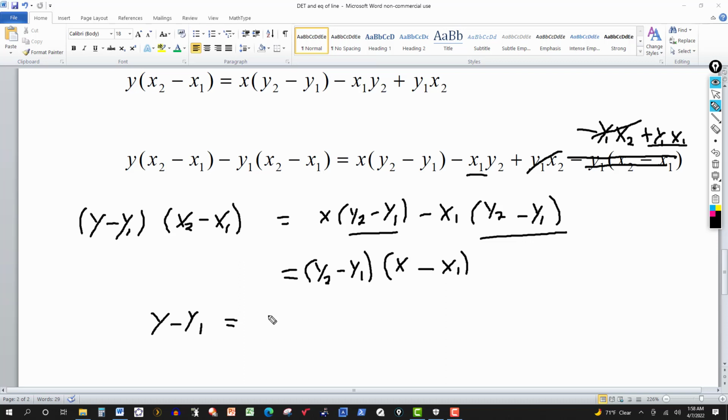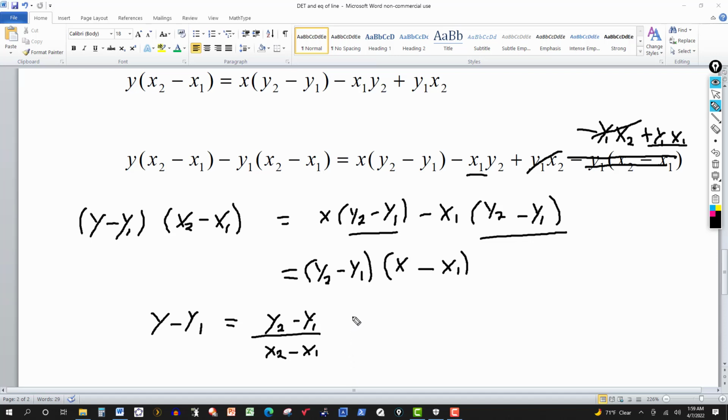And then on the other side, I have y2 minus y1 divided by the x2 minus x1.